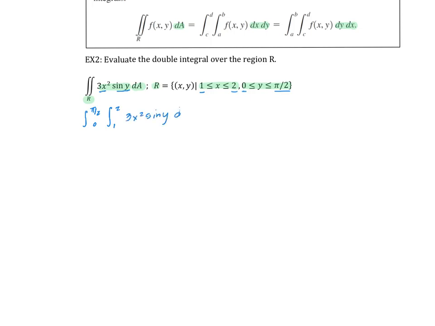So I'm going to do x first and then I'm going to do y. But it doesn't matter. You could have done it the other way. When I integrate with respect to x, remember the sine y is going to remain constant. So that's going to be 3x cubed over 3.